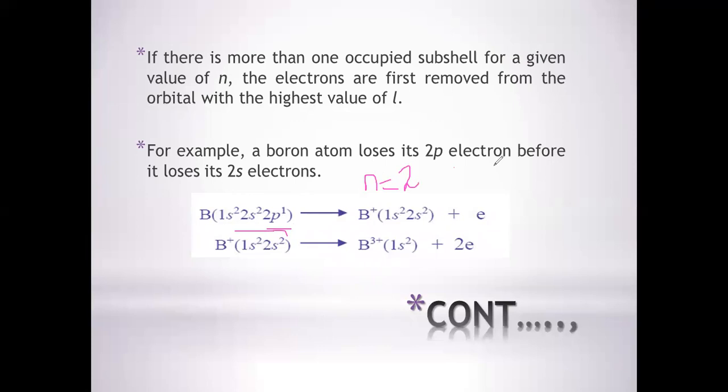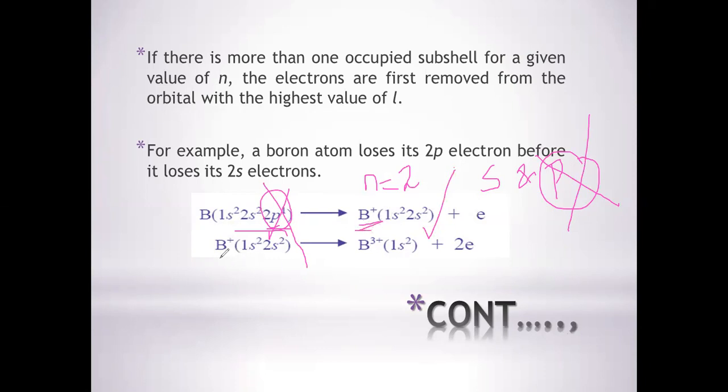Now you have s and p subshells, so you go for the highest l value. P has the highest l value, therefore the 2p1 electron is removed. You end up with 1s2, 2s2. So this is B+.